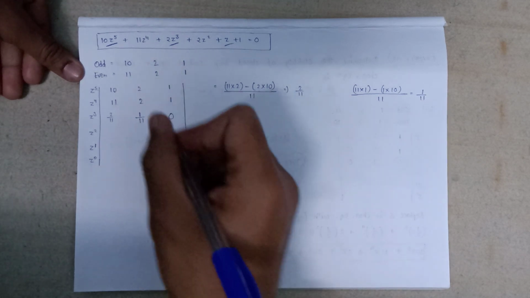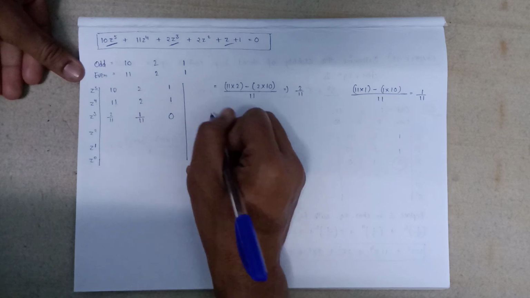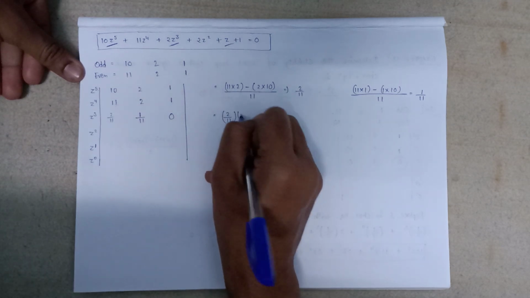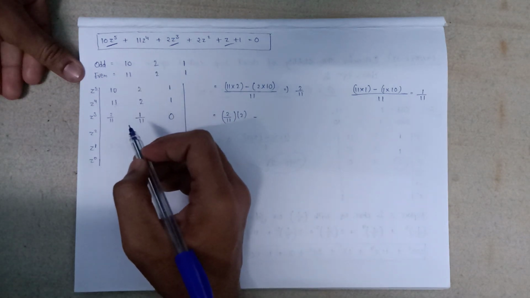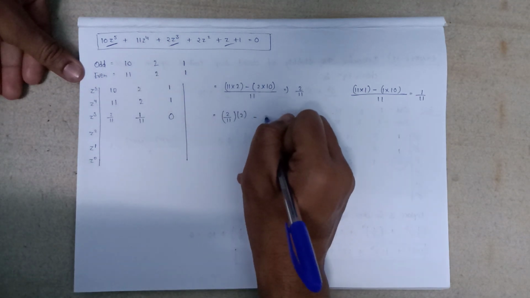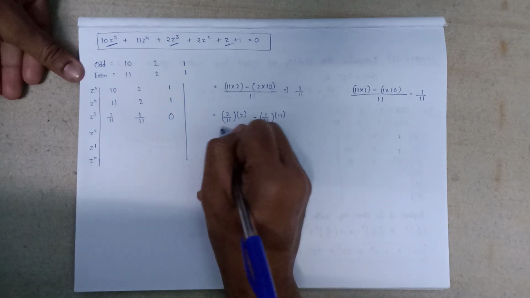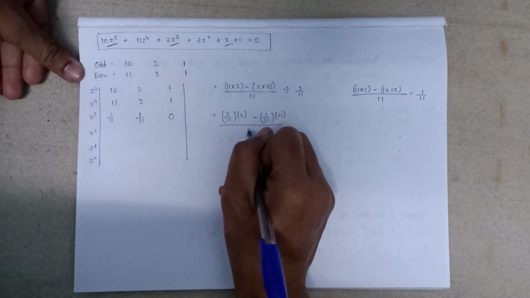After this, 2 by 11 multiplied with 2 minus 1 by 11 multiplied with 11. The whole thing will be divided by 2 by 11.